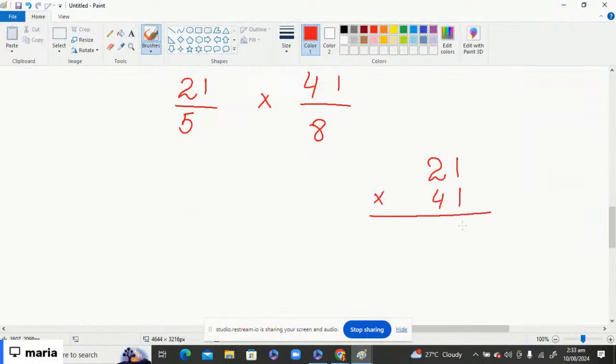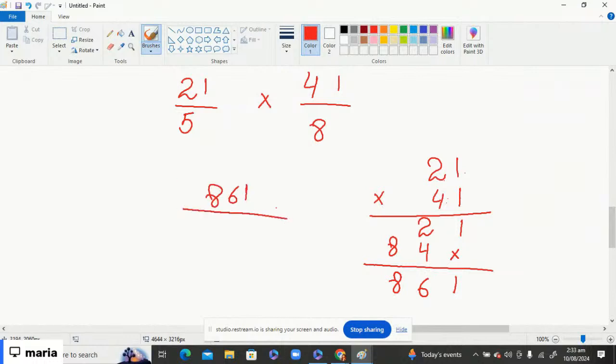Let's multiply. 1 times 1 is 1. 1 times 2 is 2. 4 times 1 is 4. 4 times 2 is 8. Do you guys know how to multiply the two digit numbers with two digits? So it's 1, 4 plus 2 is 6, and 8 as it is. So this becomes 861 over 5 times 8 is 40.